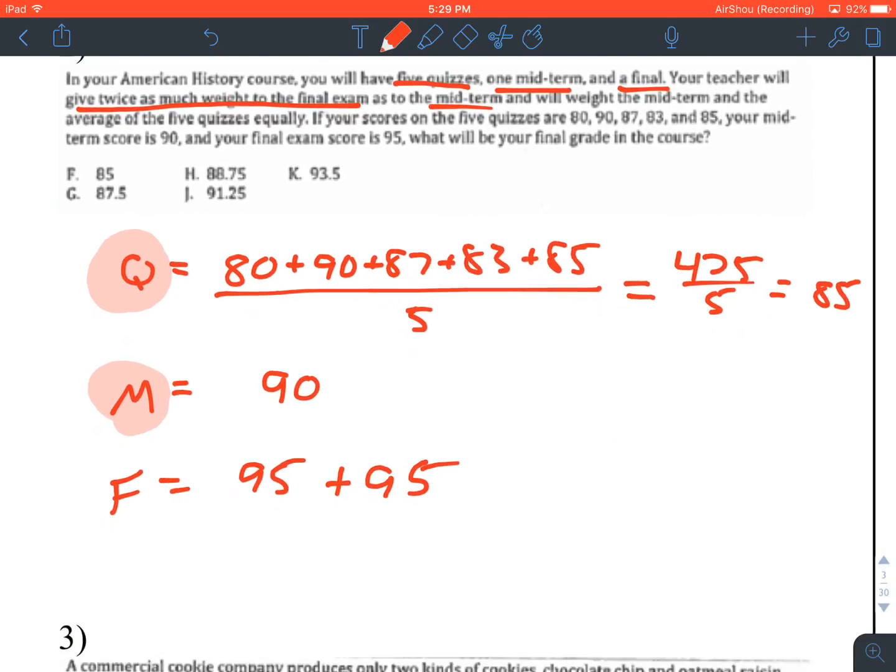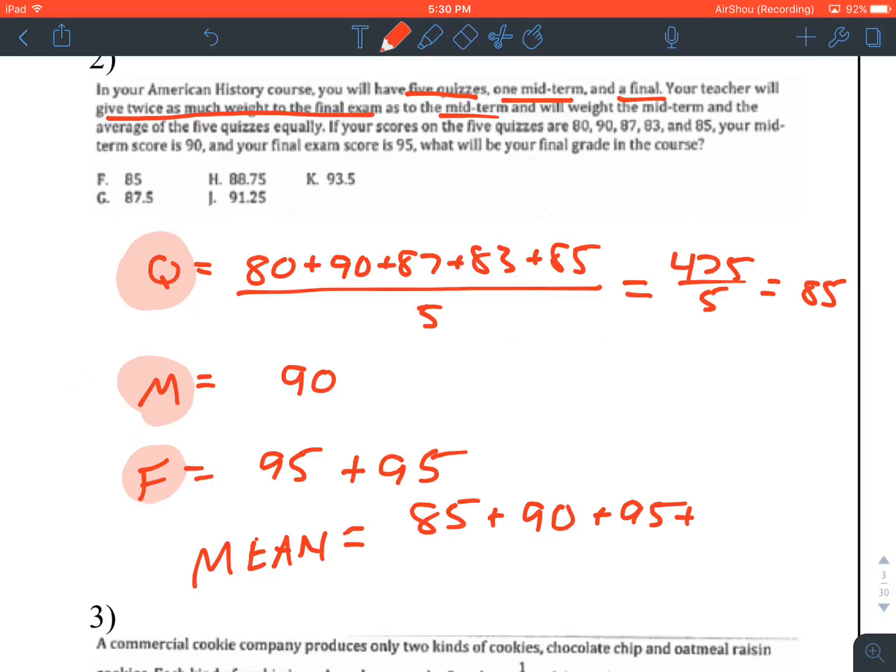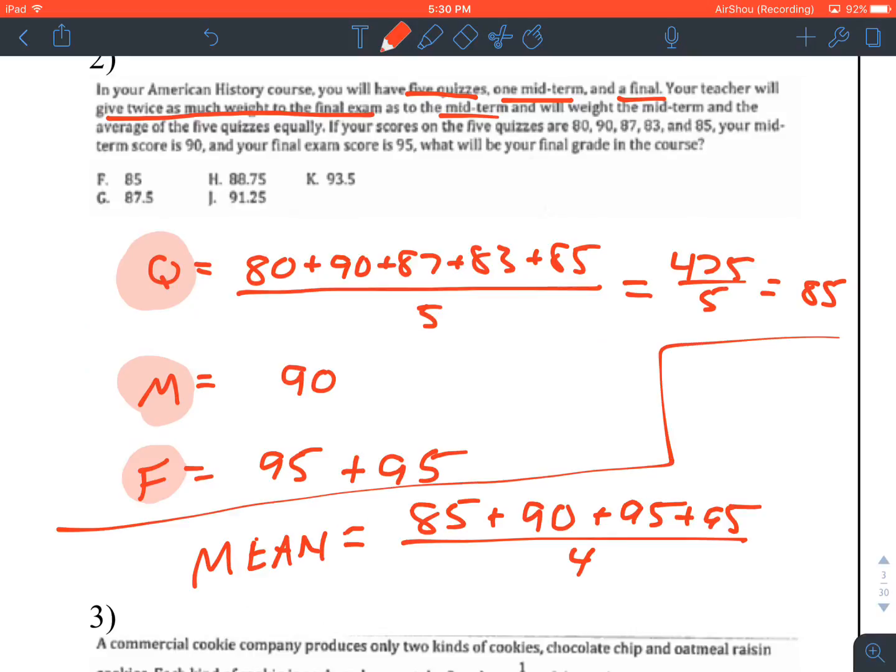So now we're going to average the quiz, midterm, and final. Going to count the average of the quizzes once. Going to count the midterm once. Going to count the final 2 times. This is going to give us our final answer. We're dividing by 4 because there are 4 scores here.